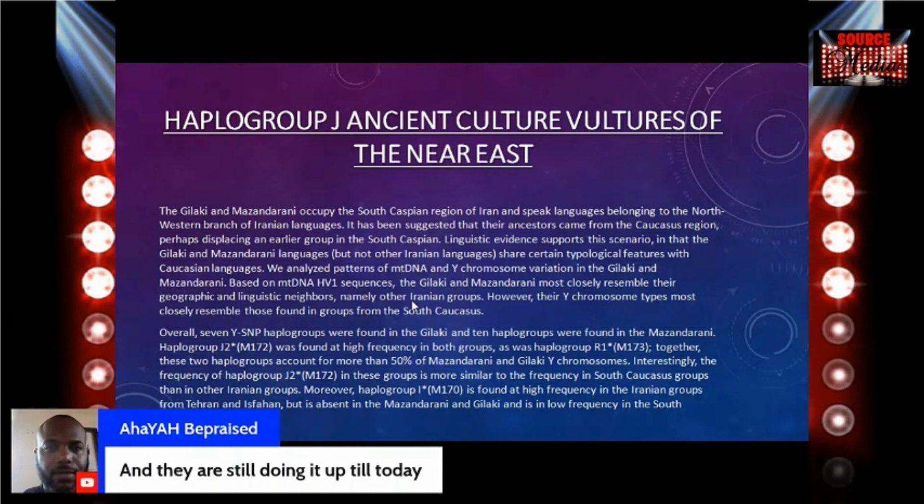However, their Y chromosome types most closely resemble those found in groups from the southern Caucasus. So these men who carry these Caucasian Y chromosomes speak Afro-Asiatic languages, but the other brothers speak Indo-European languages. What does that mean? They adopted another culture.